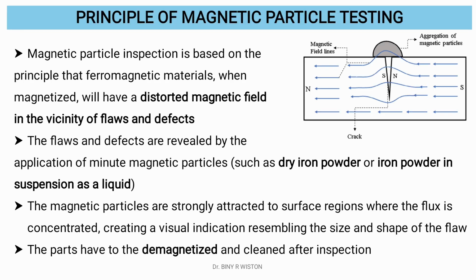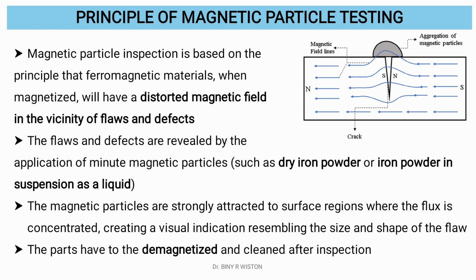The principle behind magnetic particle testing: in a magnetized material, surface and subsurface discontinuities like cracks and seams cause a break in the magnetic uniformity, or a sudden change in the permeability.